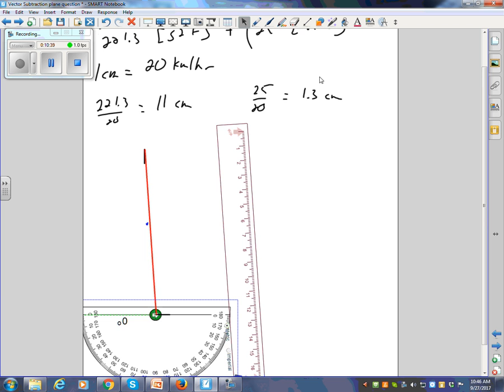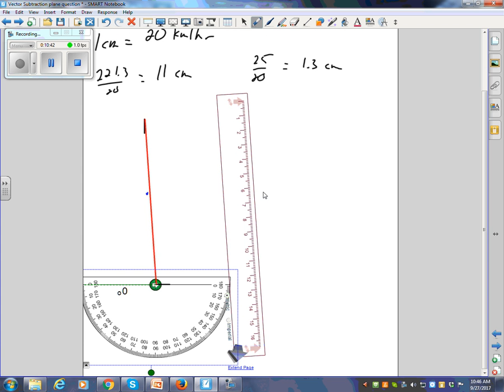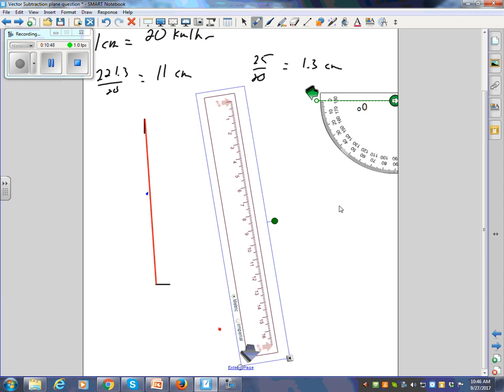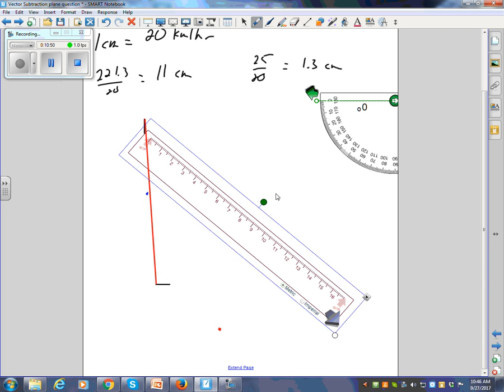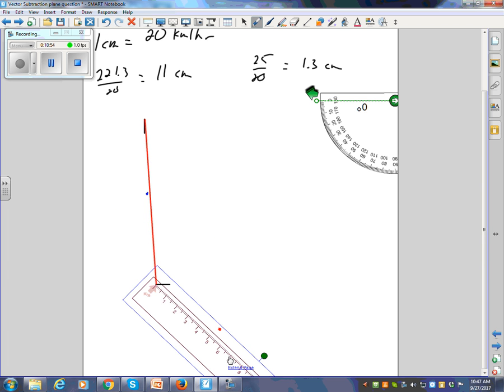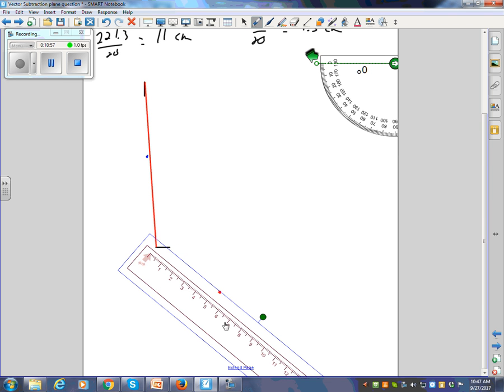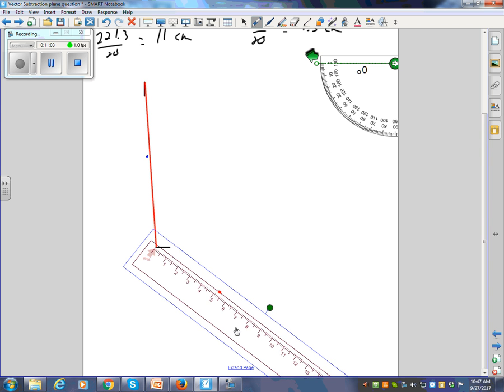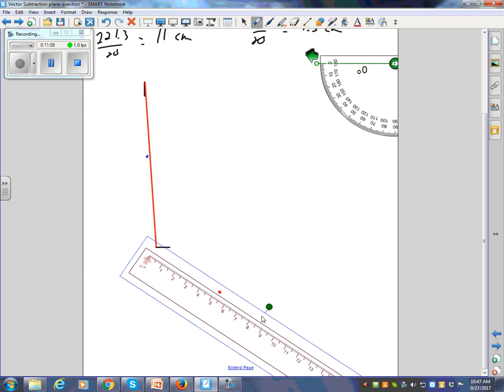25, east 35 south. East 35 south, and I'm only going 1.3 centimeters that way. 1.3.